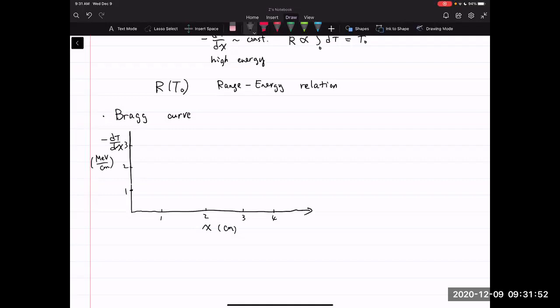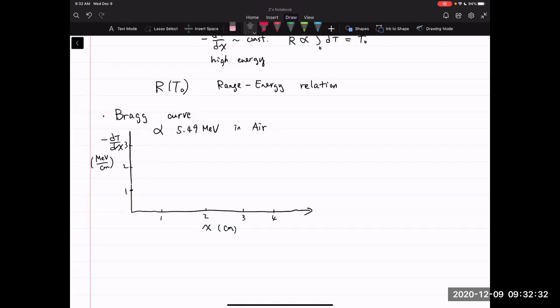So this Bragg curve describes the stopping power as a function of the depth of the material. When we send in a charged particle, let's say an alpha particle, the core of helium, with a kinetic energy of 5.49 MeV, in air, a very light material, then initially the stopping power, minus dT over dx, is inversely proportional to the kinetic energy.